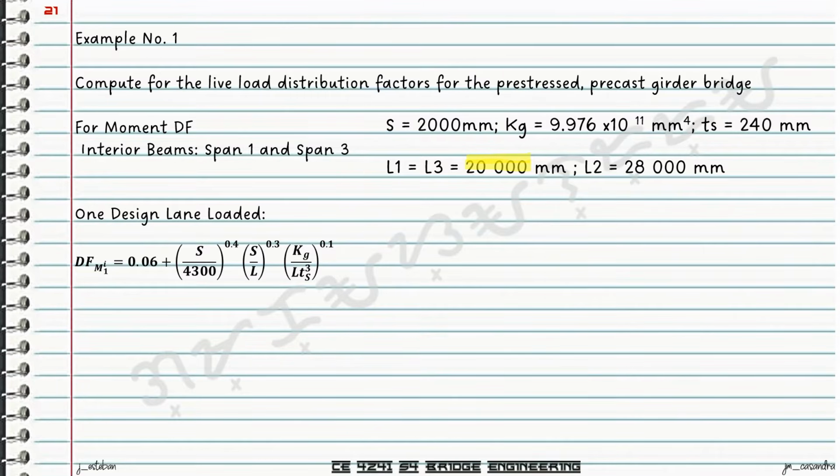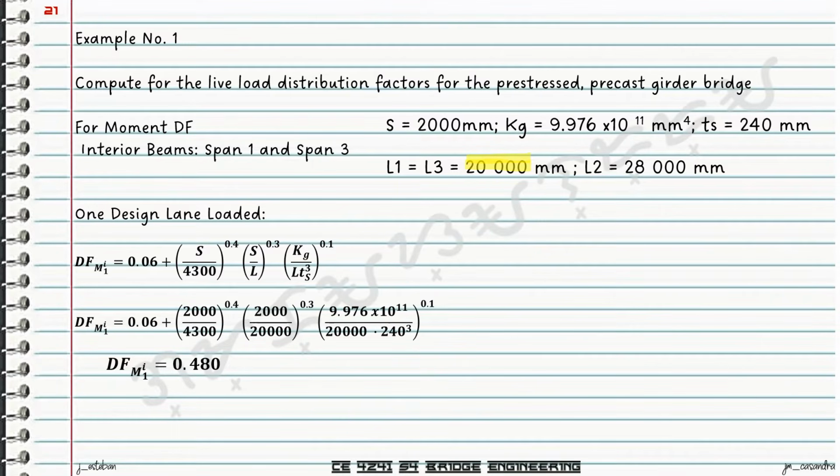So just substitute the values into the equation, and we are going to arrive at the distribution factor for the moment. So the moment distribution factor in the interior beams for one lane loaded is equal to 0.480.